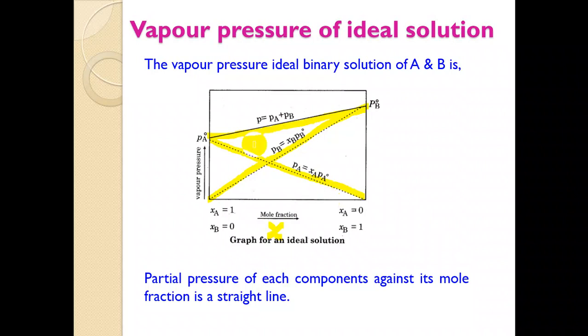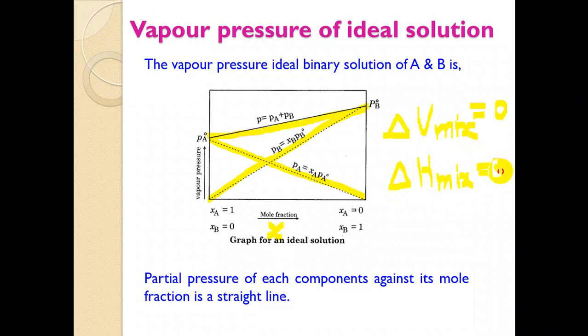Also, we can identify an ideal solution by measuring delta V mix, that is, the volume change during mixing. If this volume change is equal to 0, then the solution is an ideal solution. Or we have one more parameter, which is the enthalpy change during mixing.